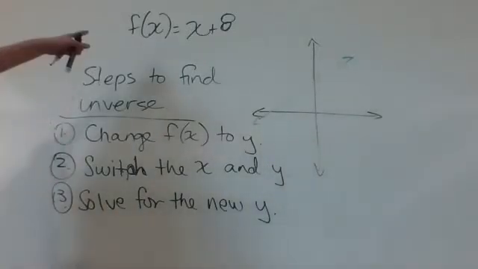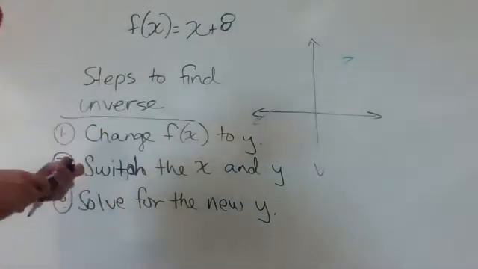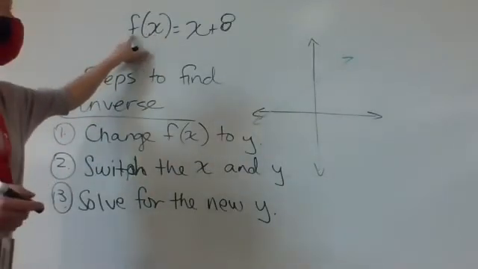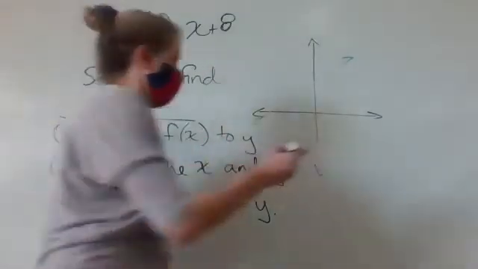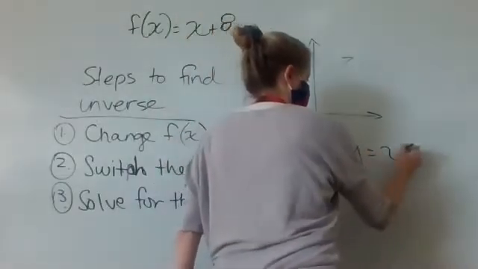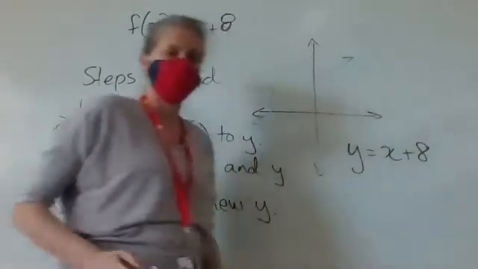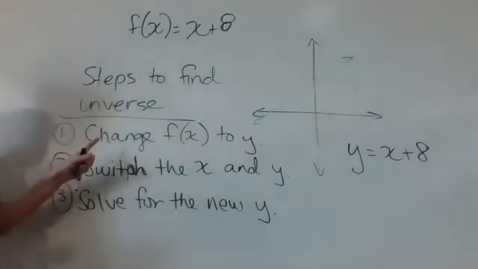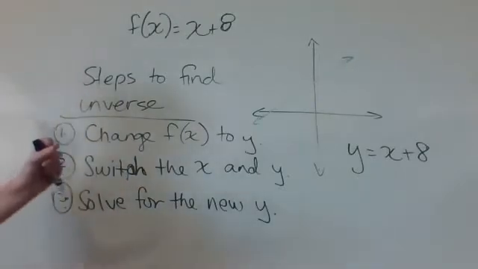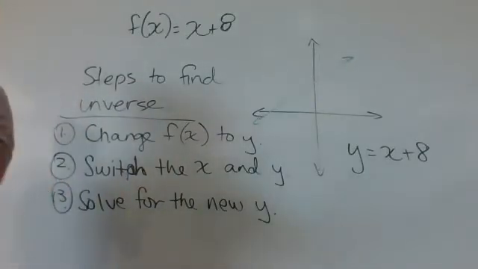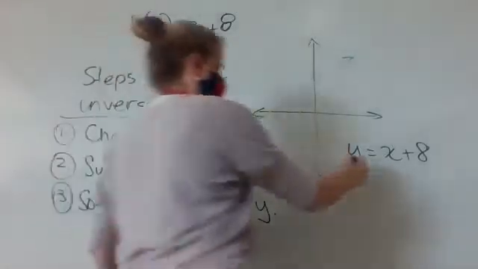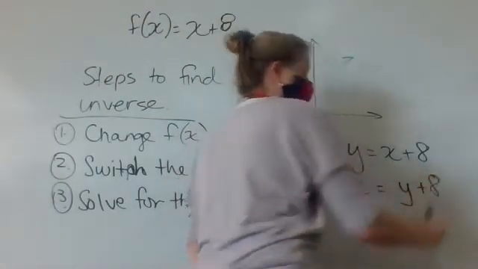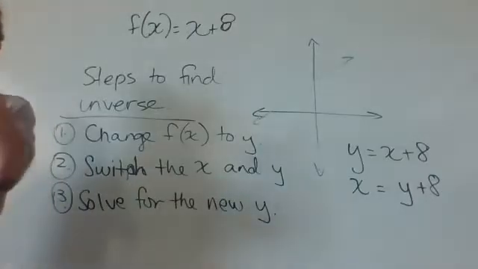Okay, so let's do that with this one. First of all, I write that as a y, so I'll have y equals x plus 8. Once I make the f of x a y, I'm going to switch the x and the y, which means now I'll have x equals y plus 8.